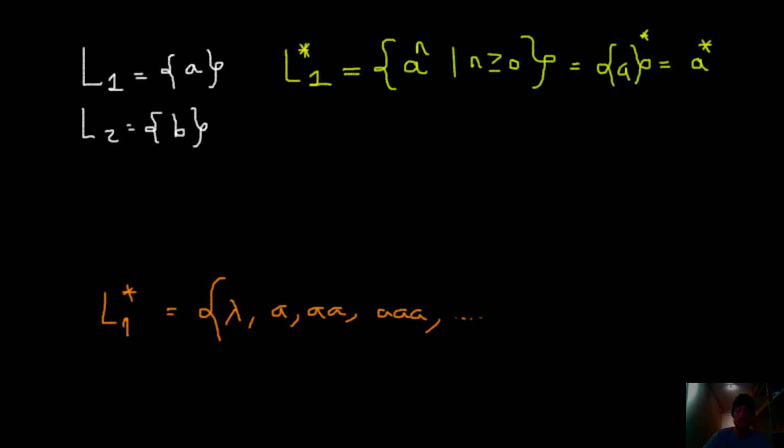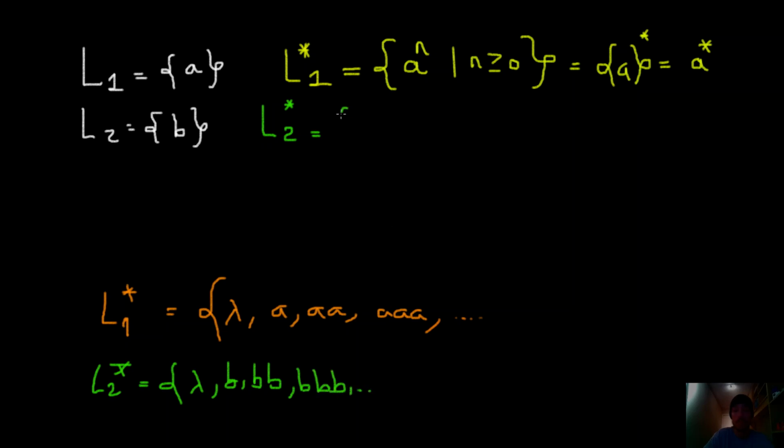Very well, now we do the same thing with language L2 that has the terminal symbol B. If we apply the Kleene closure to this language, what this represents is the language of the empty word, B, BB, BBB, and so on.